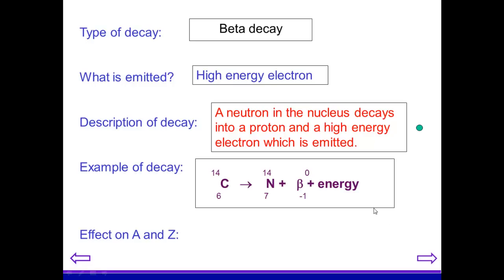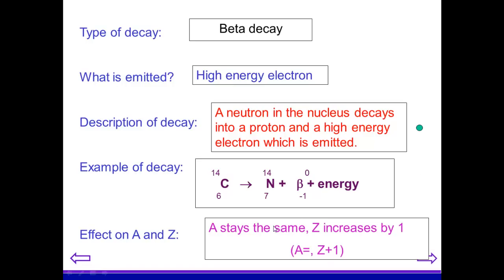So an example of such decay would be when carbon-14 changes to nitrogen-14. So we have the same number of nucleons, but in this case the proton number has increased, and that's done by getting rid of a beta particle, a high energy electron.